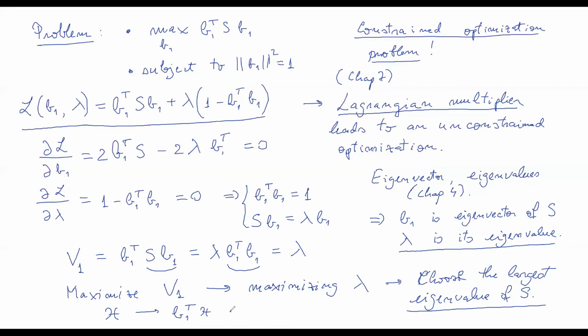And then if you want to go back to your original data set, this would be B1 times Z, where Z equals B1 transposed X, and there you have it. That's how you go from the original data to the compressed form, and then back to the original dimensions you have.